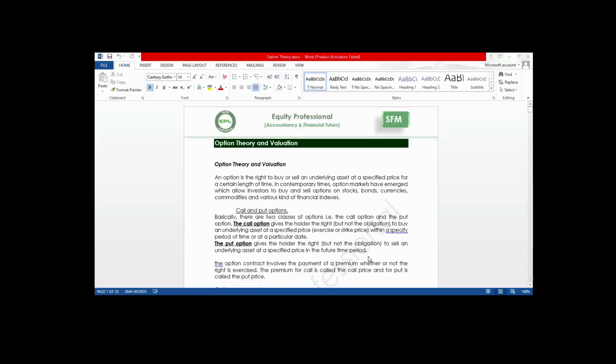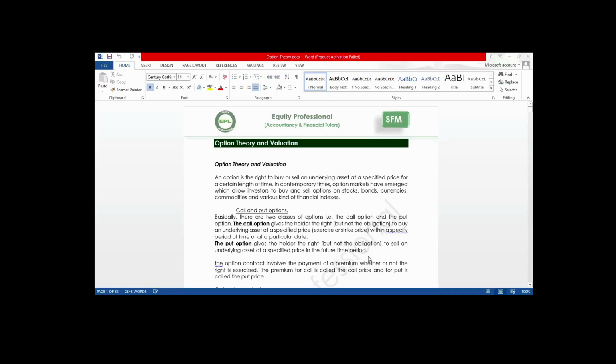The call option price is the amount payable to obtain the right to buy an asset. So the examiner can ask you to calculate put option price or call option price.